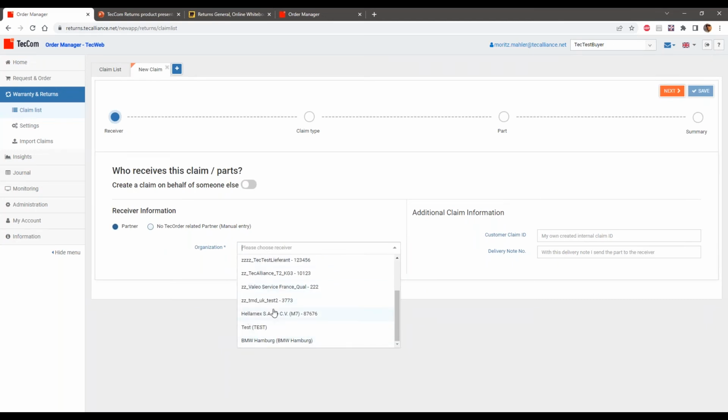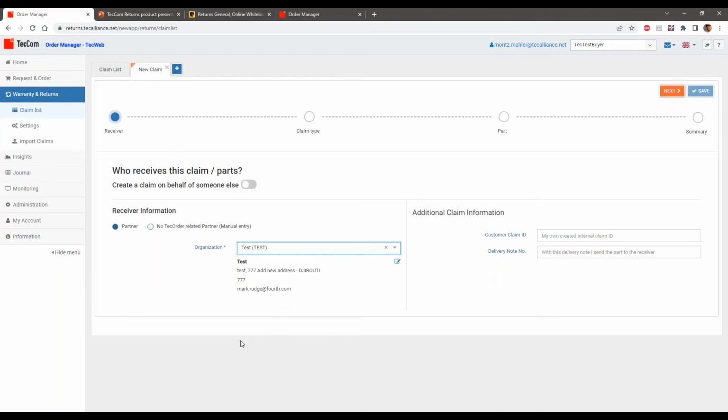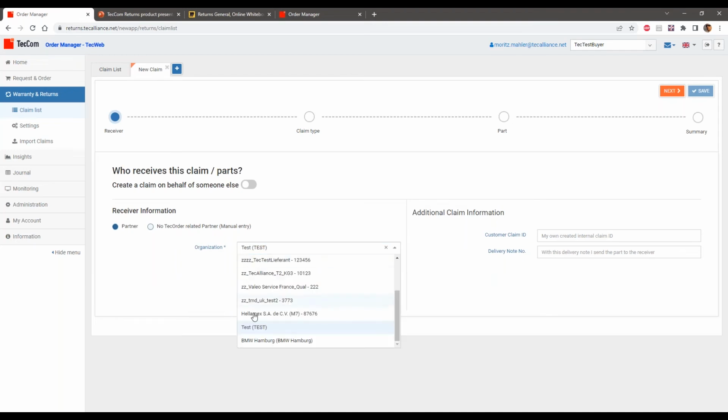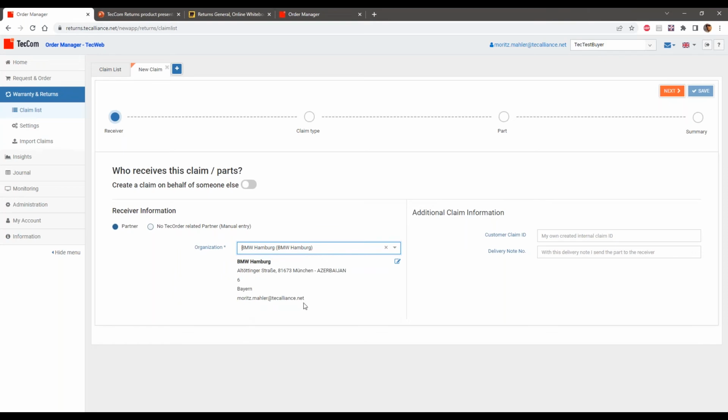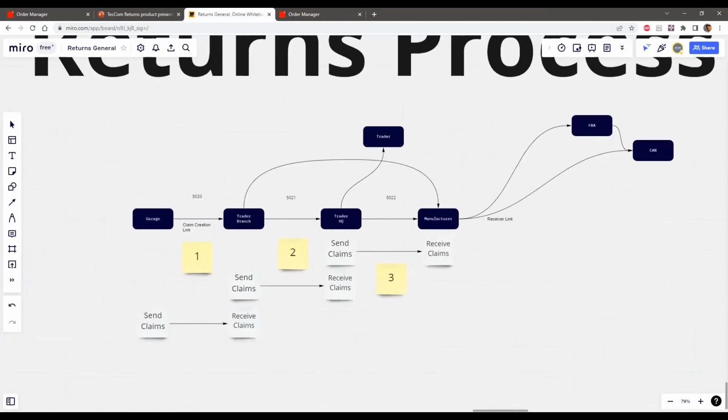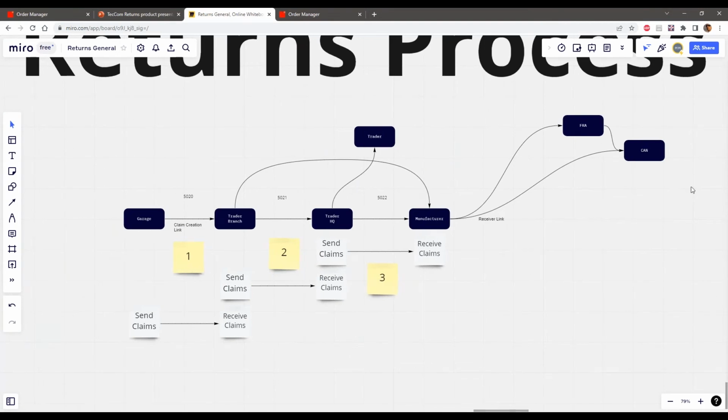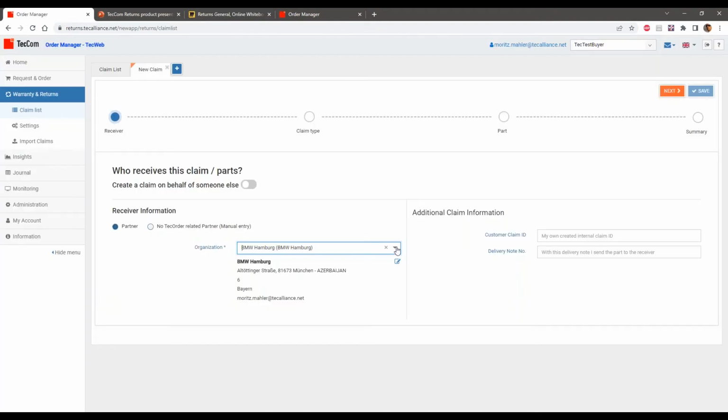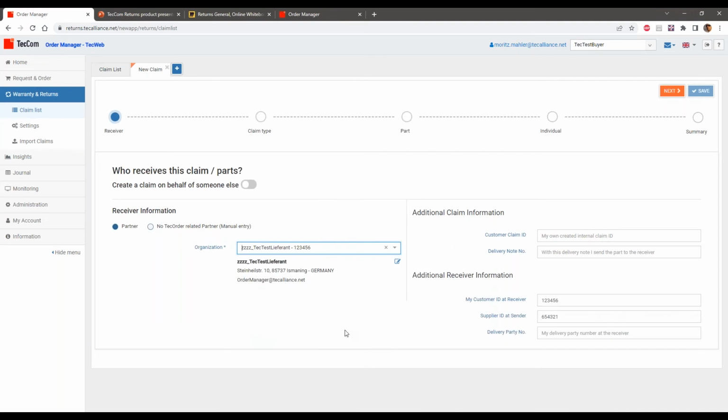And this means you can use these kind of receivers, and these customers will get an email with this claim, with all the content of the claim, and can decide this claim and receive everything they need to decide it. So we have now seen the input and the output with non-TecAlliance customers.